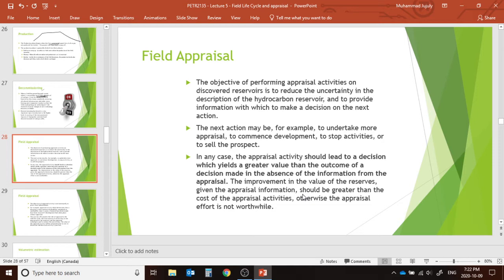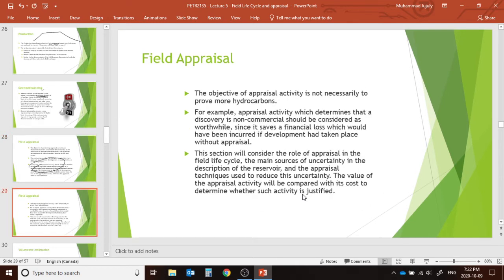What does that mean? This is a very, very important part, and this gives a whole idea. Should we continue doing the appraisal or should we skip the appraisal? We'll actually learn a little bit more about this.